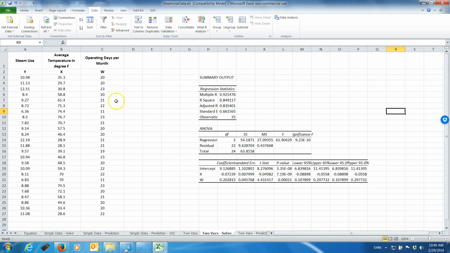And then for the temperature, for like 35.3 degrees, it's going to be the temperature times this right here. And then we add 9 pounds to that. So these are the coefficients that we're going to use to predict the steam usage.